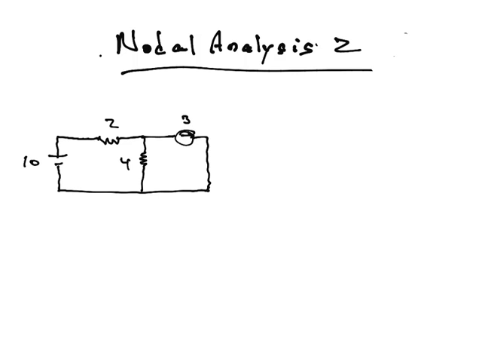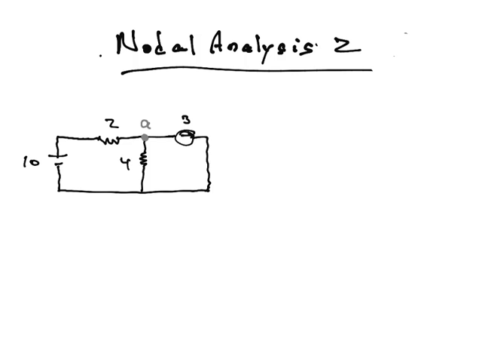And let's say I want to find the voltage at A. Well, everything seems normal except for the fact that we've got that 10-volt voltage source on the left side. Let's continue trying to do nodal analysis until we see a problem.